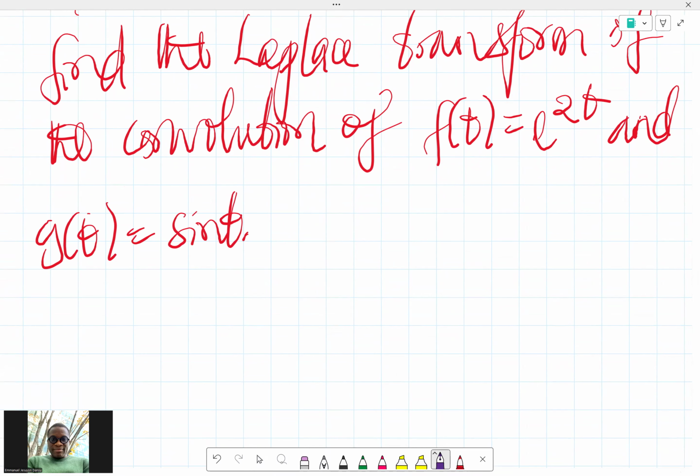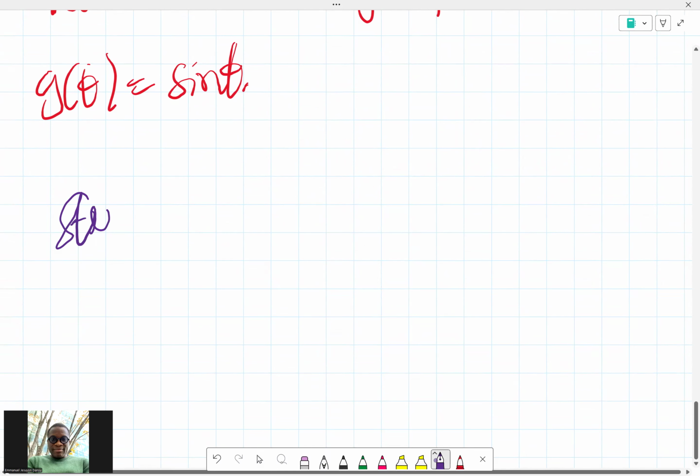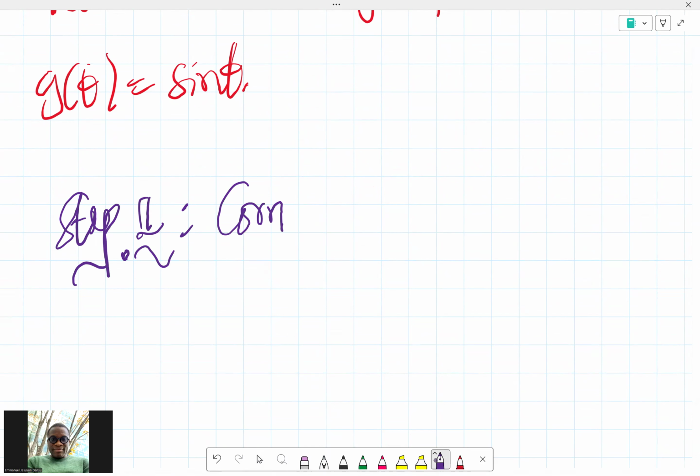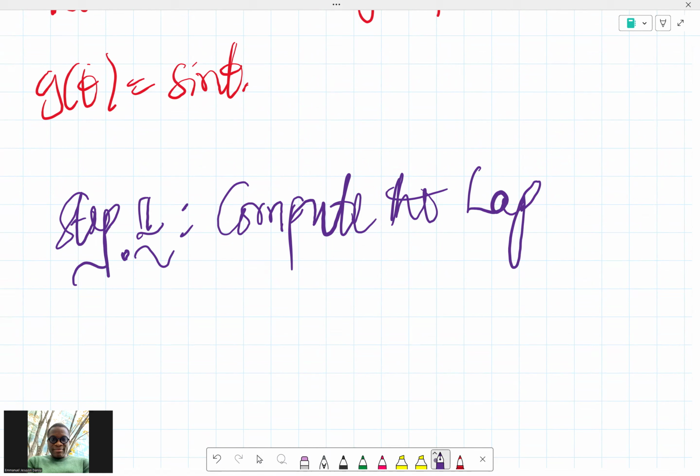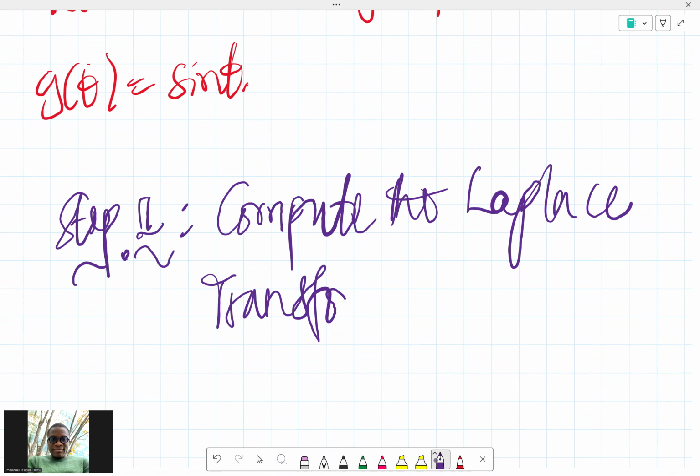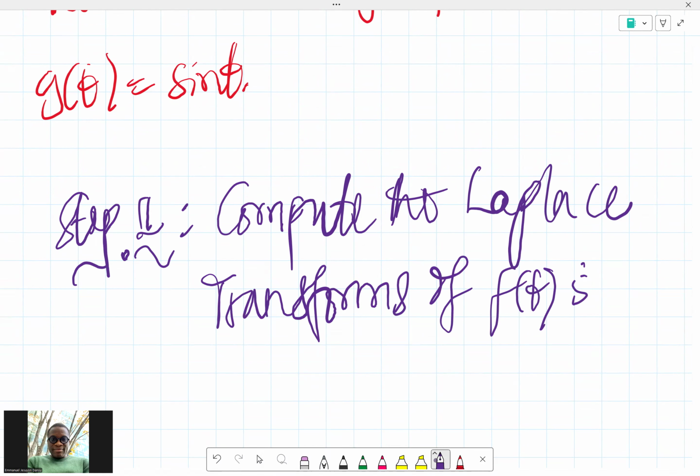Okay, here we have step one. Step one is to compute the Laplace transforms of f of t and g of t.